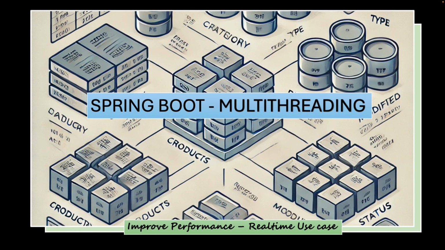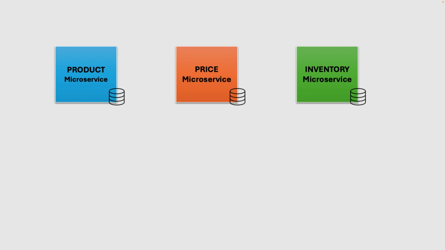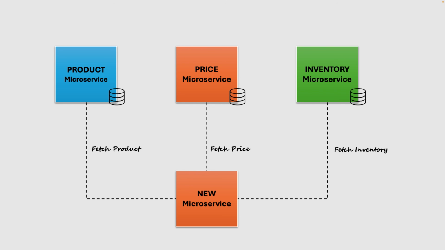So before we directly jump into the logic, first let's understand the use case. Imagine you are building a new microservice or API where it needs to fetch the data from different sources such as database or external service, and at the end it will consolidate the result and return that result as a final response. Now think what happens when any of the service is slow or there is a network latency, then definitely it will downgrade the performance of your application, right?